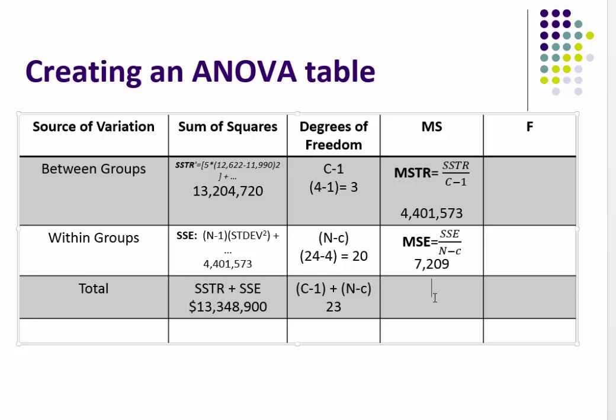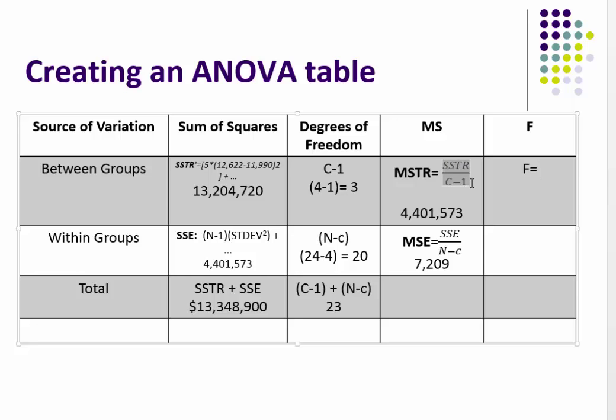And now the moment we've been waiting for is to compute our F right here. F is the test value, so this is like our Z score, right? We're trying to get a nice big juicy number here so that we can reject our null. So here we take the MSTR and we divide it by the MSE.